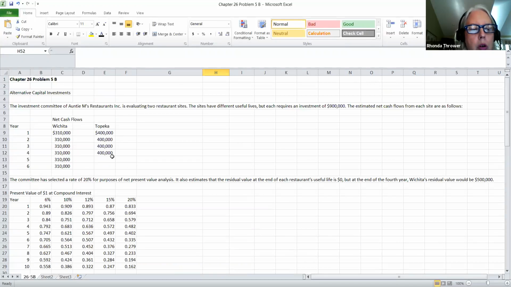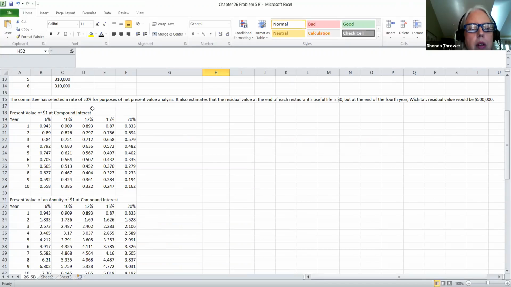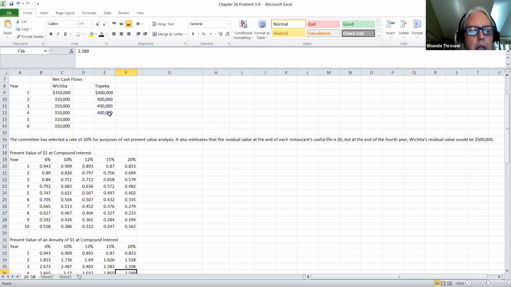Notice Topeka has a shorter life, and notice that they also have more of a cash flow each year. Again, the cash flows are equal, so we can use the annuity table. The rate of interest was 20%, but this time we're going to go to 4 years because this asset has a 4-year estimated useful life.